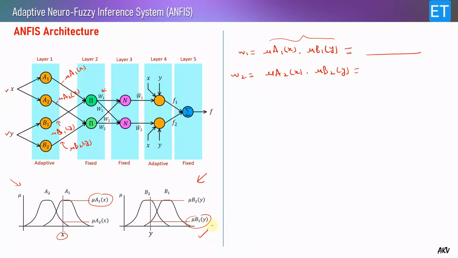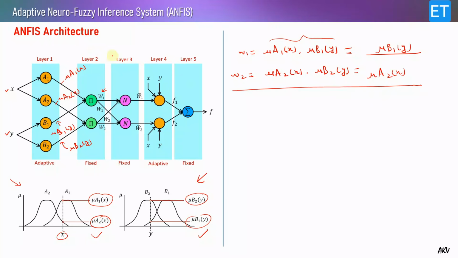Obviously mu b1y. So my output is mu b1y. Okay. For W2, I have to compare mu a2x and mu b2y. So which one is minimum? Obviously mu a2x. So my output is mu a2x. So that is the expression of W1 and W2.